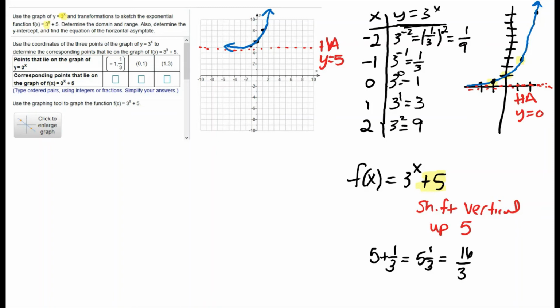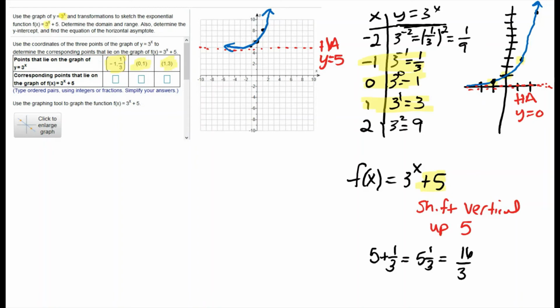Now, going back to the directions that we were given here, it says use the coordinates of the 3 points of the graph y equals 3 to the x to just determine the corresponding points on the graph of f of x equals 3 to the x plus 5. We did this. We figured out the original points over here. We had -1 and 1/3, and that's what they gave us here. 0, 1 was another point, and 1, 3 was another point.